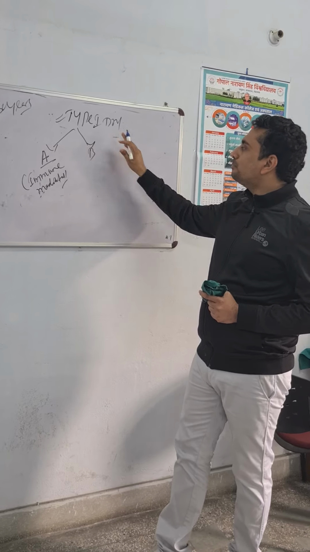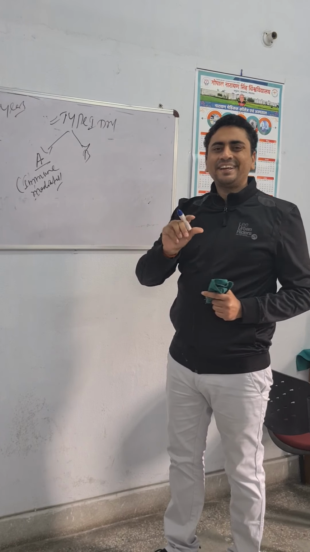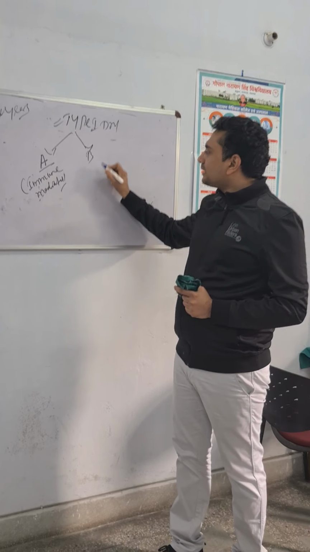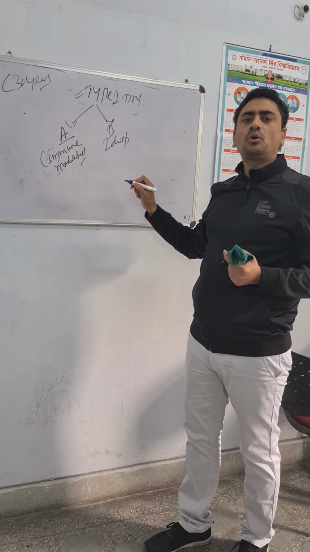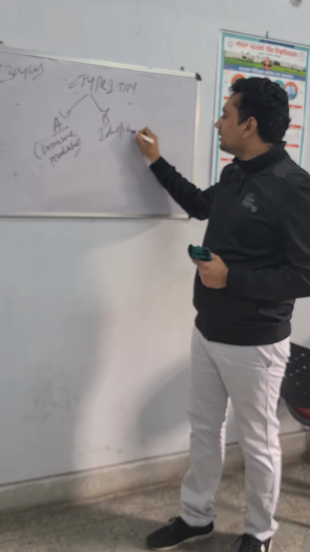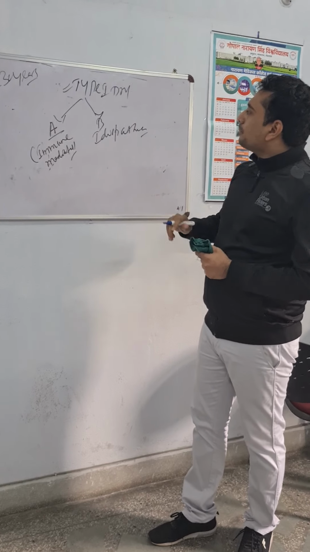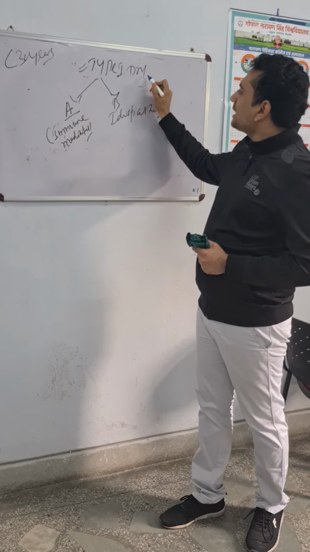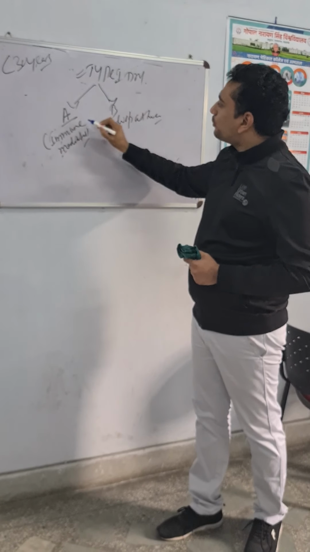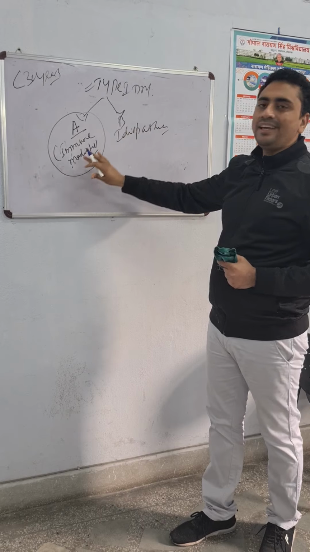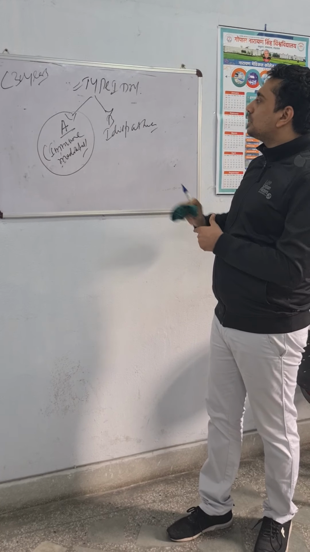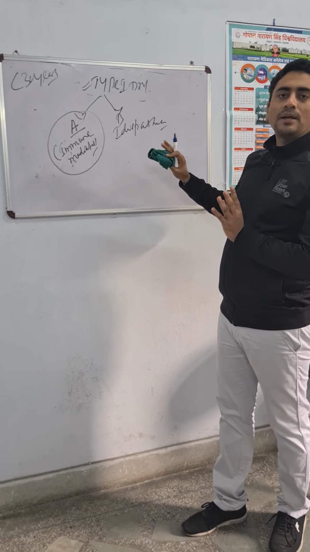Type 1B, which is very rare, is idiopathic, meaning there is no known cause. Most cases of type 1 diabetes mellitus belong to the type 1A category, so I will be talking about type 1A in detail.